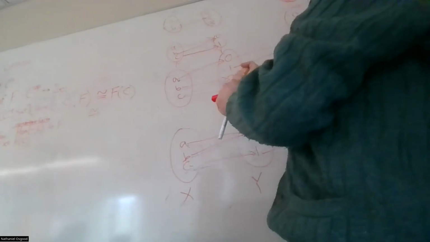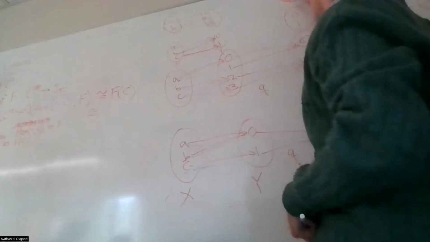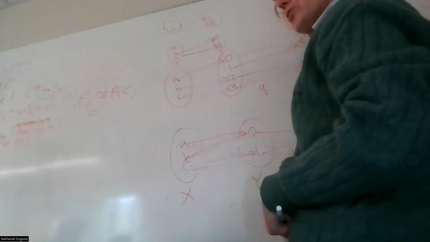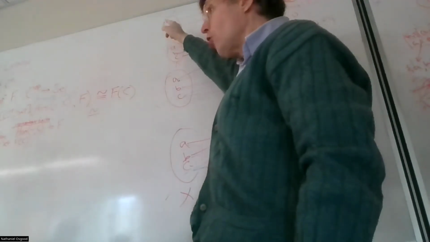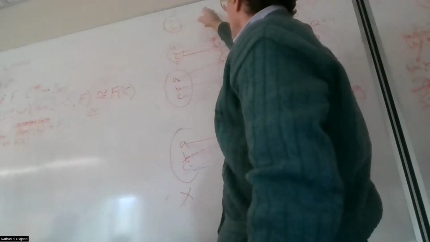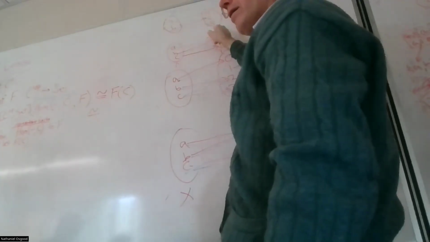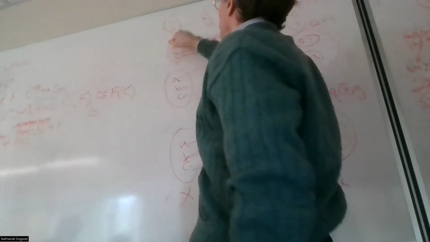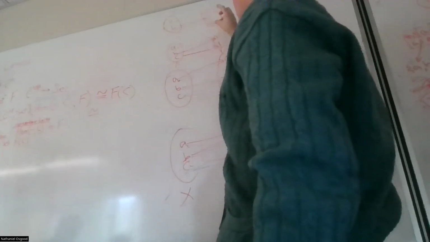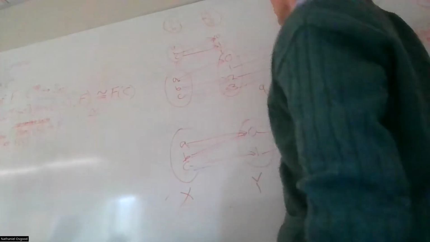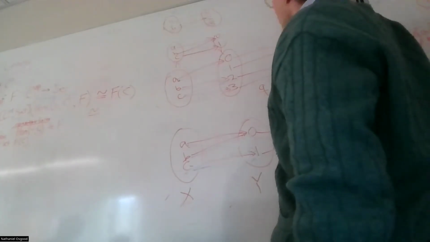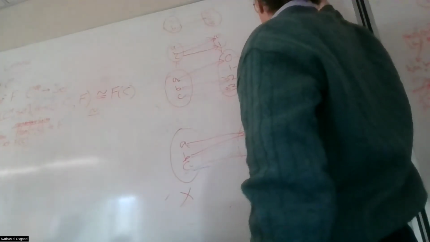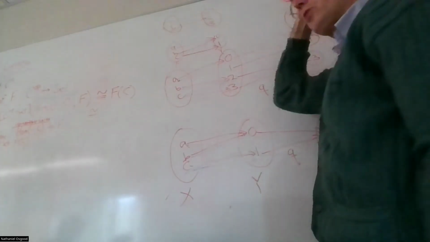But because of that, it follows that 1 and 3 have to be in the same equivalence class, even though there's no element in X that is mapped by F to 1 and by G to 3. Since 1 and 2 are in the same class and 2 and 3 are in the same class, by extension 1, 2, and 3 are all in the same equivalence class.